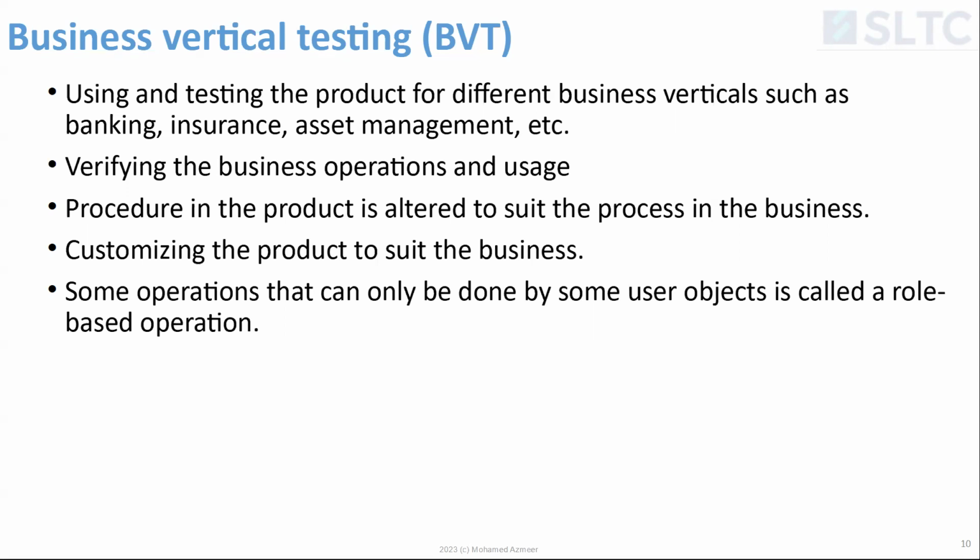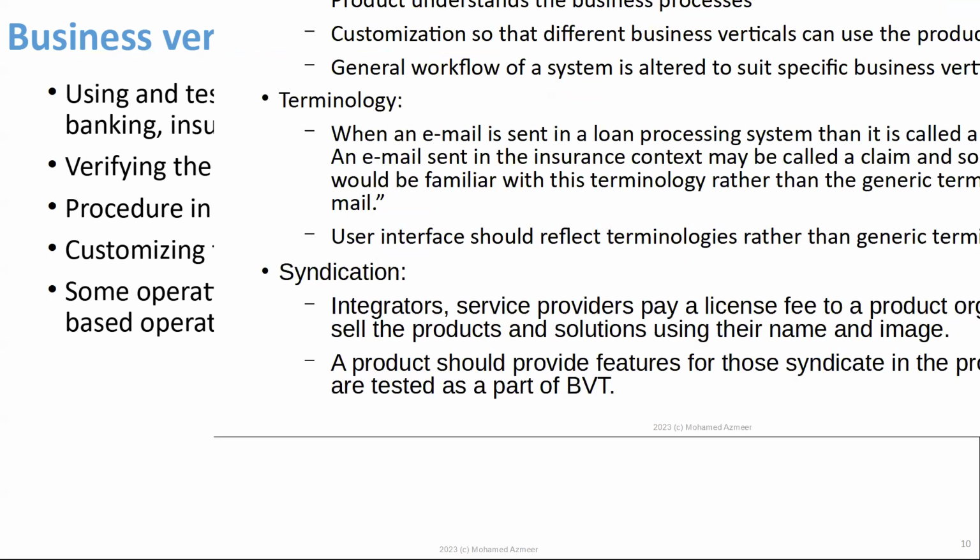As we spoke about it briefly earlier, there are roles like say user, supervisor, manager, admin, client, different users. So different users do different things, right? So that is coming under the BVT testing. So there is a business vertical or a domain, and then in that domain, there are certain people or roles that use this software in very different ways.